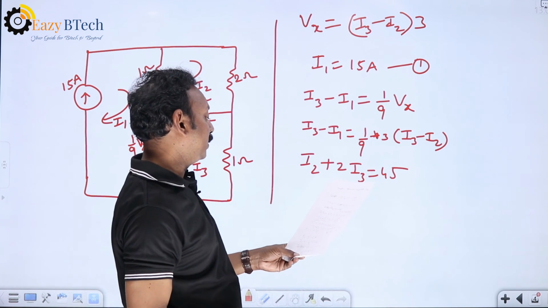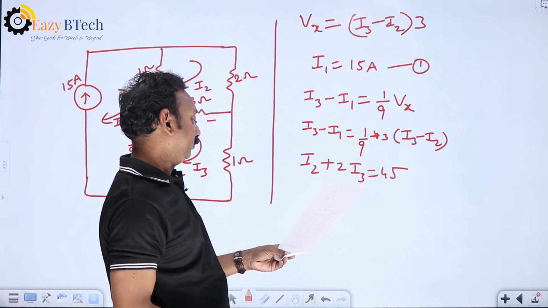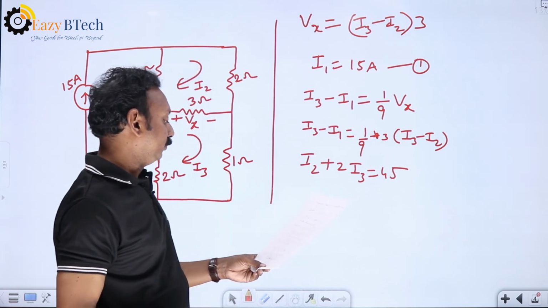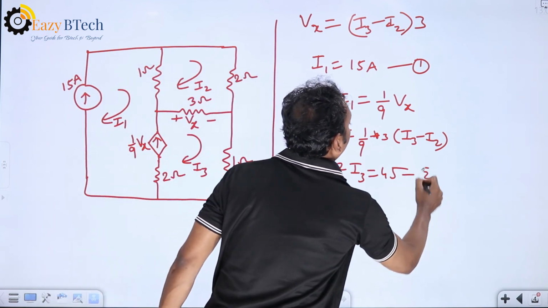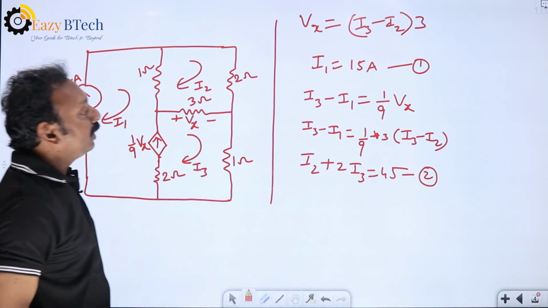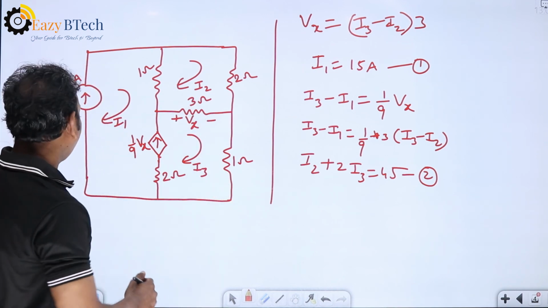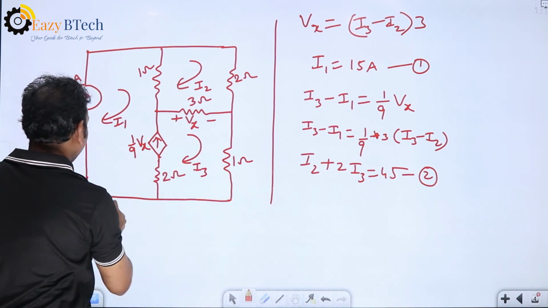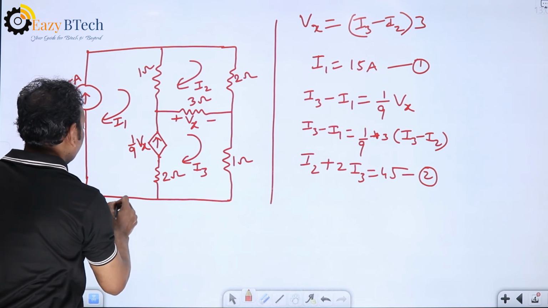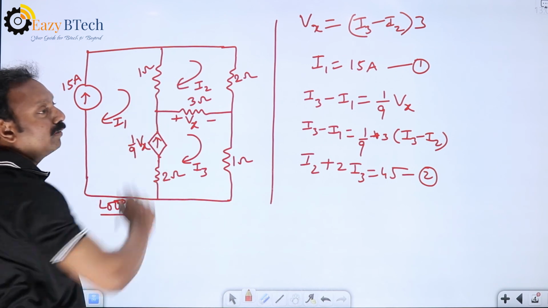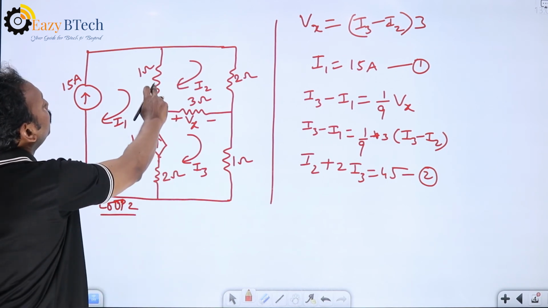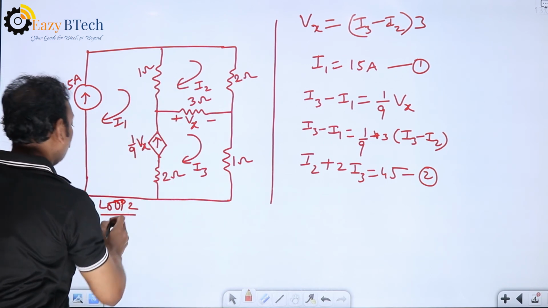Okay, just check this equation. Yes, this is the second equation. Now the second loop equation, normal KVL only. How to write the normal KVL equation? The loop 2 KVL equation: the algebraic sum of the voltages in a loop equals 0. This 1 ohm is present between the second and first loop.